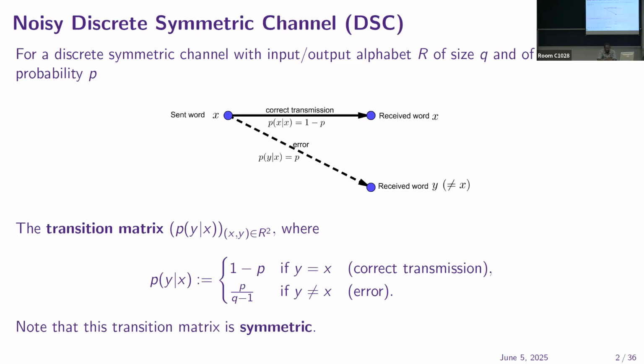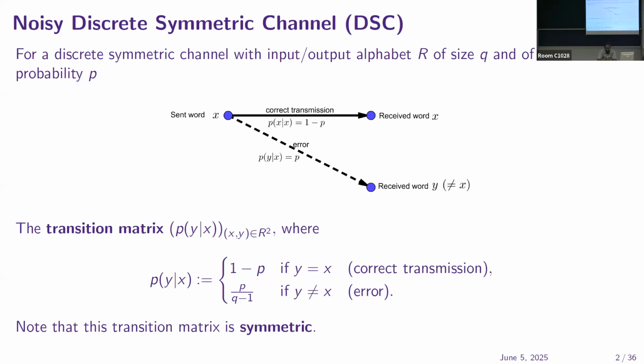The probability of receiving y given that x is sent is 1 minus p if y is equal to x. In this case, we have the correct transmission. This probability is p over q minus 1 if y is different from x. In this case, there is an error.